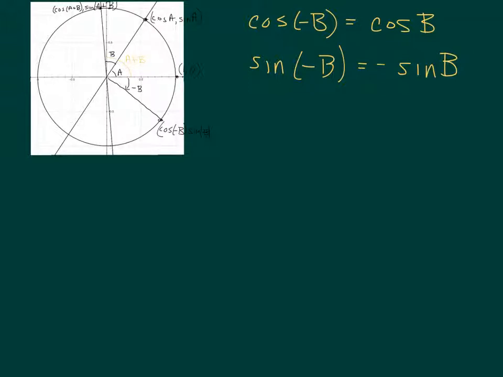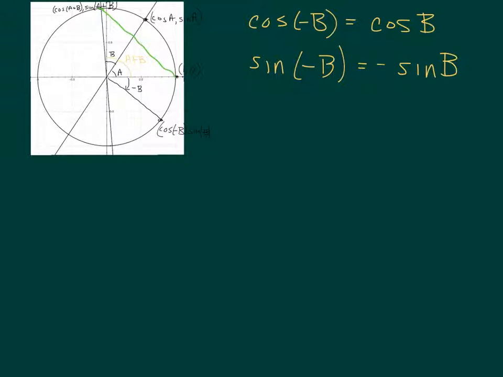So what I would like to do now is draw a couple of chords on this unit circle. The first chord is going to connect the point cosine A plus B, sine A plus B, with the point 1, 0.